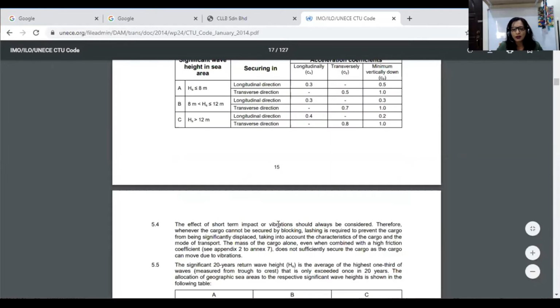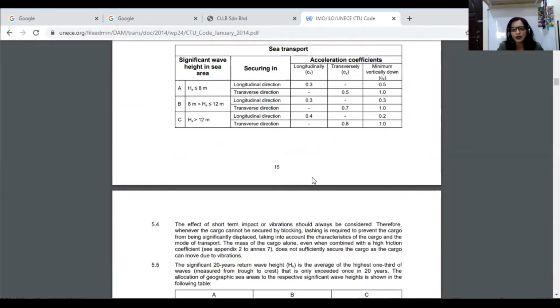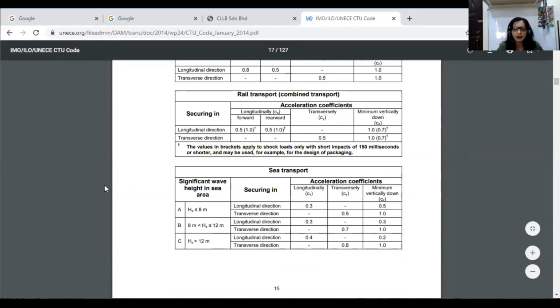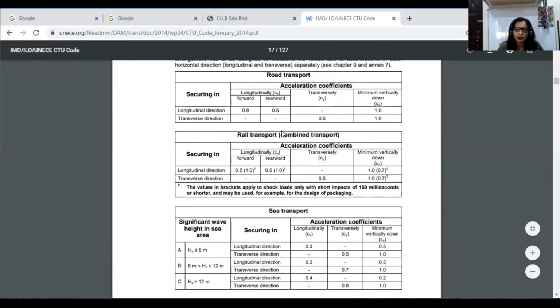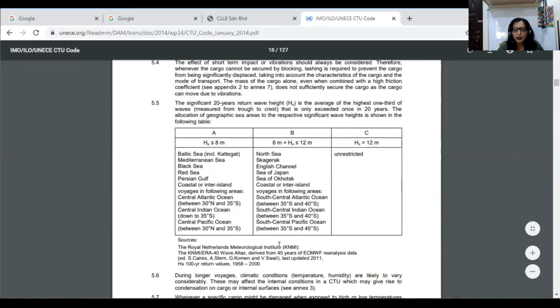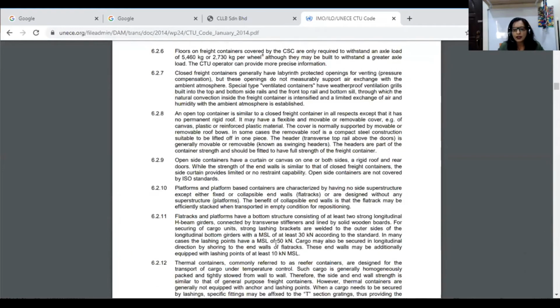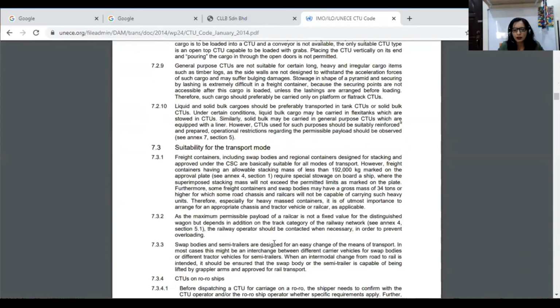So that is how secure the cargo has to be packed in order for it to be able to withstand the shocks that are involved in its individual mode of transport: road, rail, and sea transport. And this is where the CTU properties come in. I have it all in the slideshow with nice pictures and all.